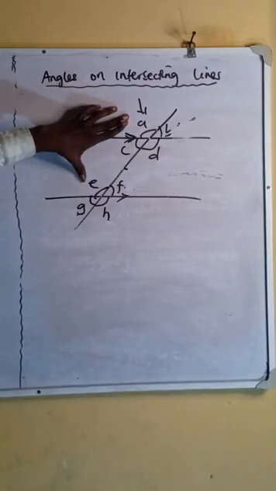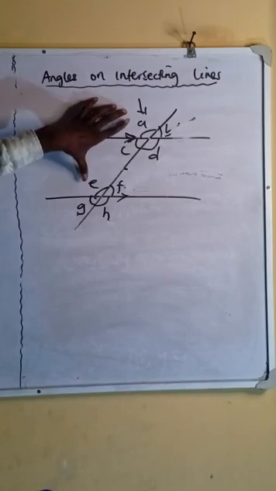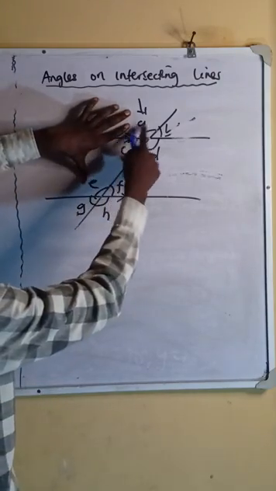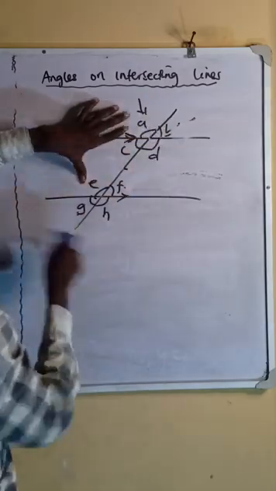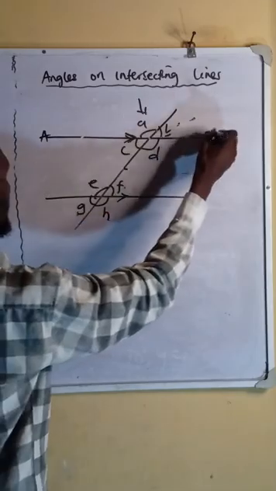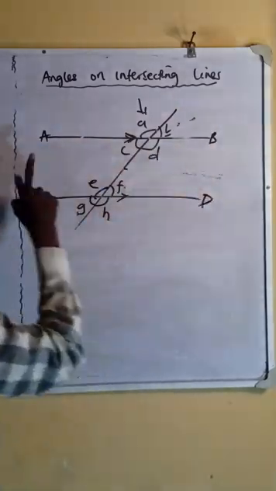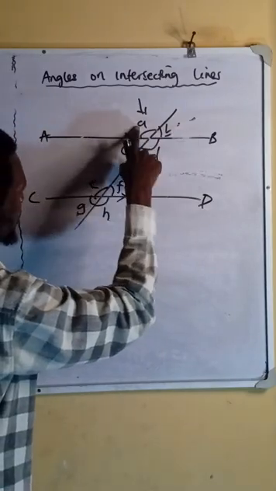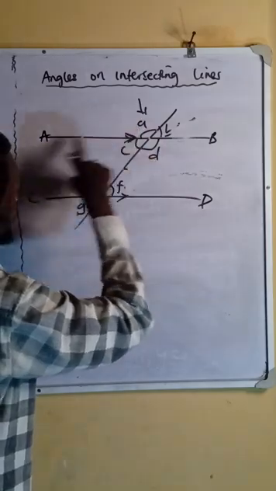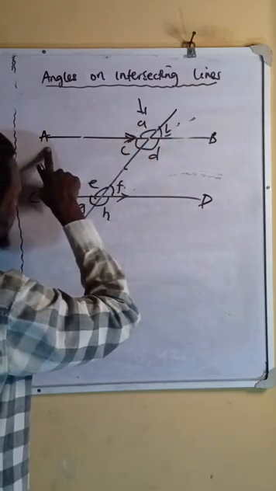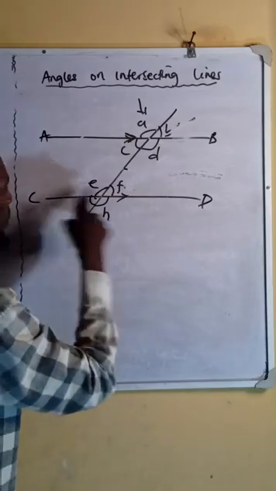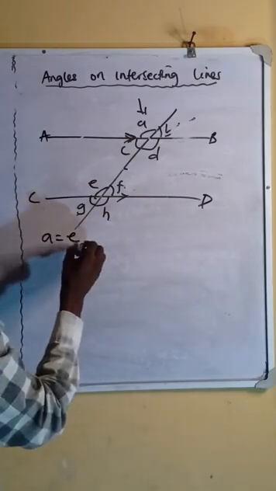Such angles which occupy the same position are corresponding angles. Angle A occupies this place on line AB, which is the same position that angle E occupies on line CD. So we say that A and E are equal.